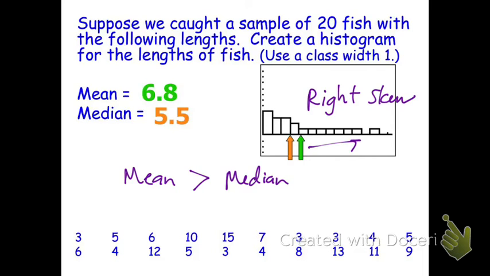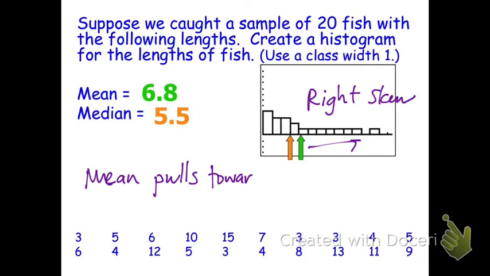So the mean is always going to pull towards the tail. In a right skew, mean is greater than median, because the mean always pulls towards the tail.